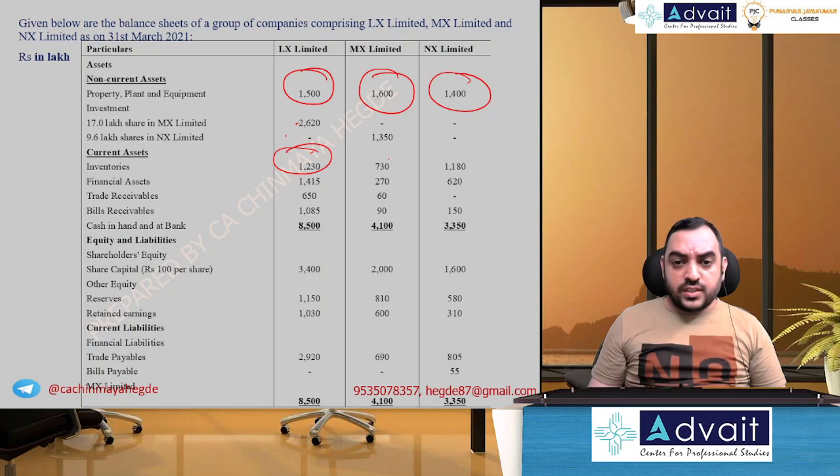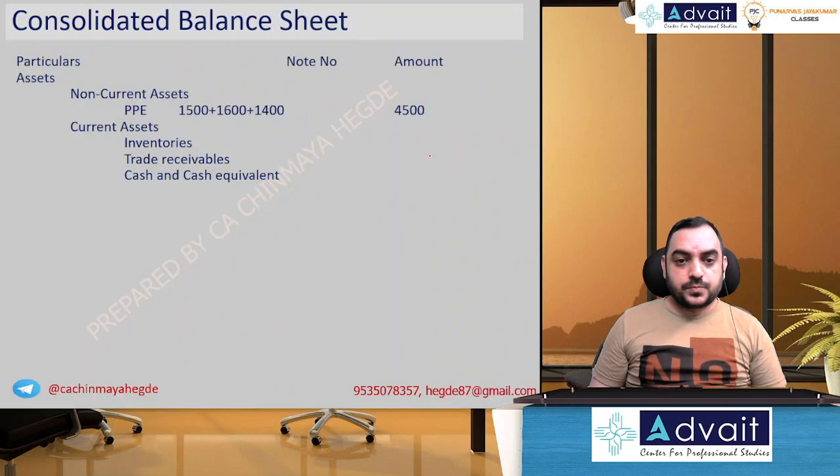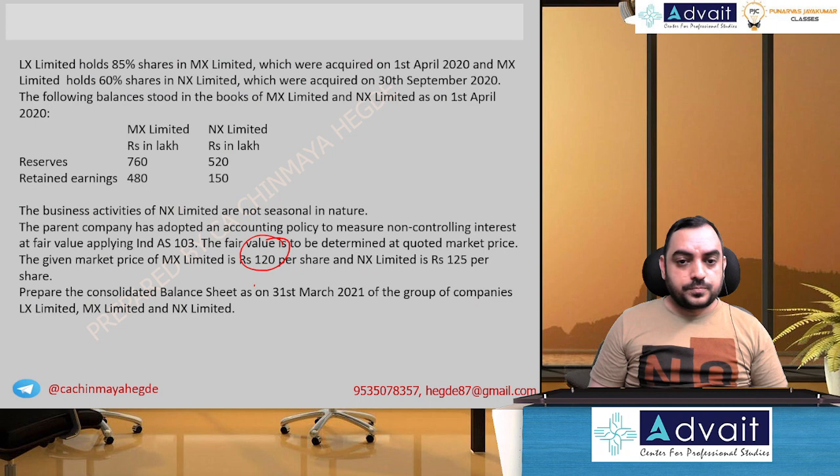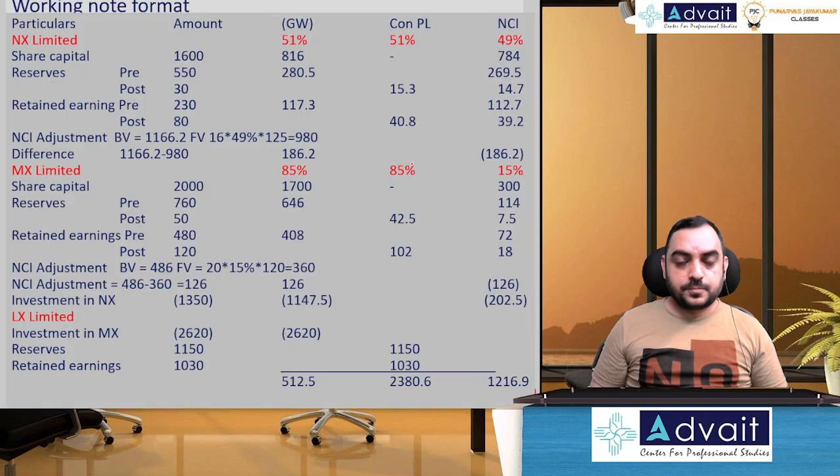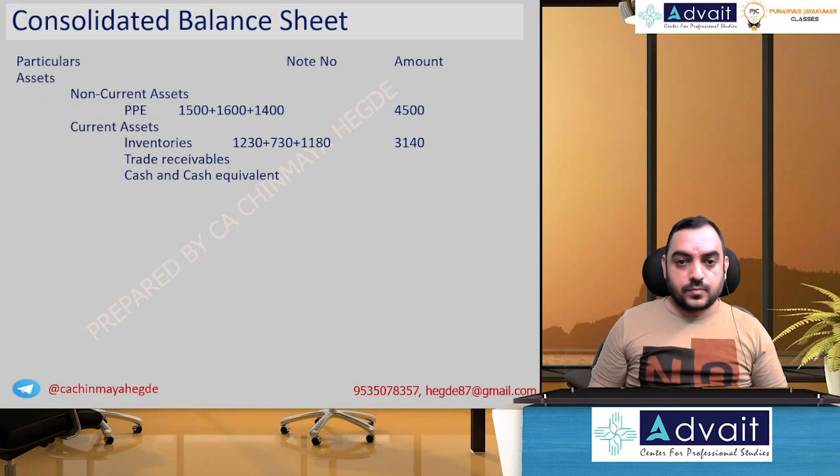Investment will not come. 1230, 730, 1180. Trade receivables. This one 1415, 270, 620.